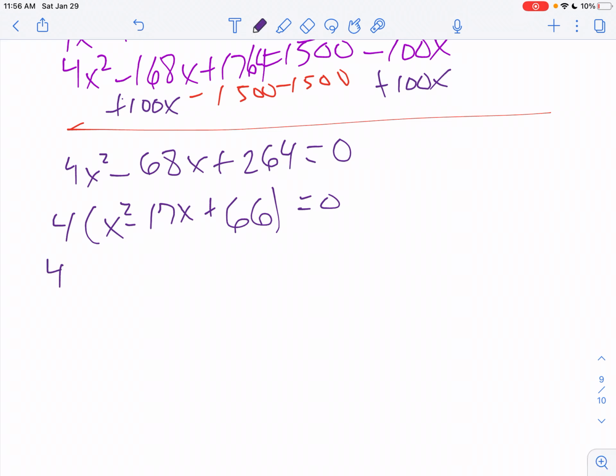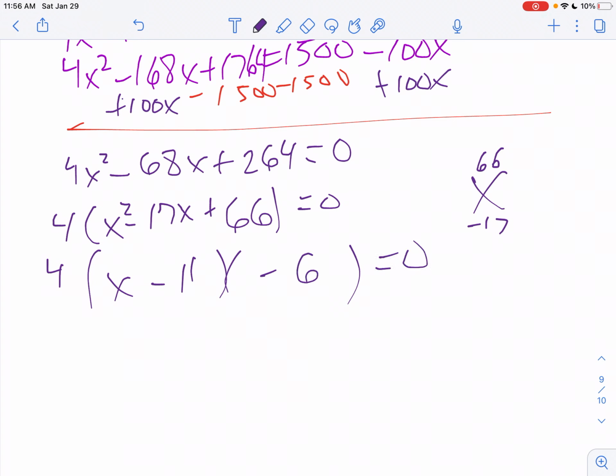So 4, and then I go x and x. I want two numbers that multiply to 66, and they're both negative, they add to 17. Oh, how about 11 and 6?